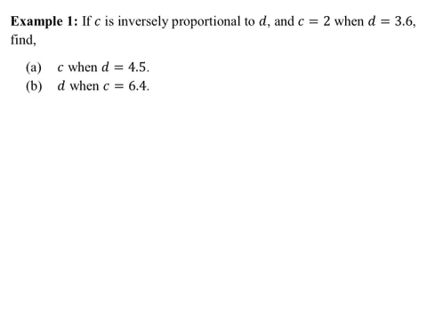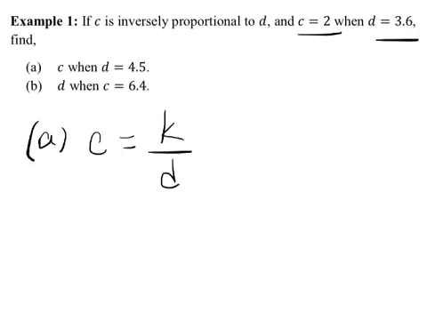For part A, we know that c is inversely proportional to d, so that's what we start with. And we're told when c is 2, that d is 3.6. But if we want to find other scenarios, we need to know what the constant is. So let's solve for k first. Solving for k, we get cd. How do I do that?